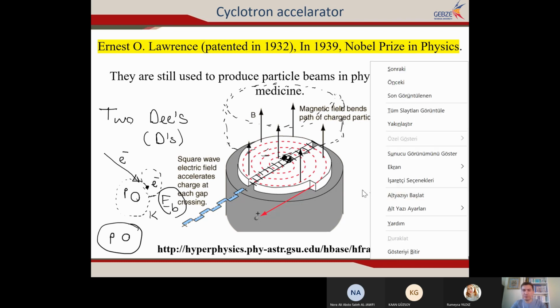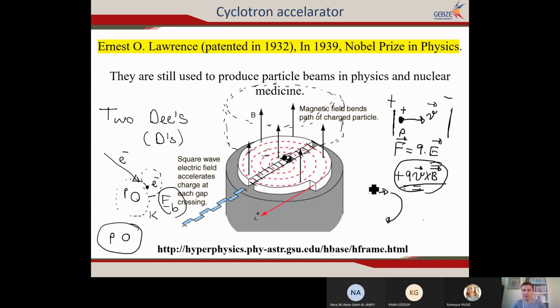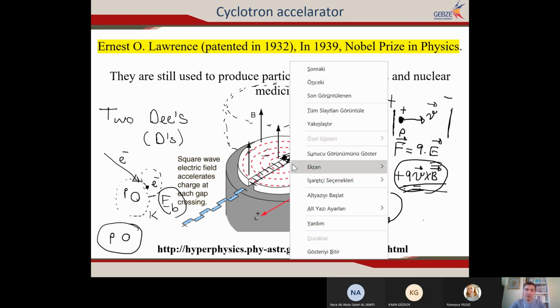So first, motion due to the electrical field, this is the proton. This is linear motion due to the electrical field. And whenever it feels the magnetic field, it will have this type of circular motion due to the second contribution to the Lorentz force. And then the proton will follow this way.